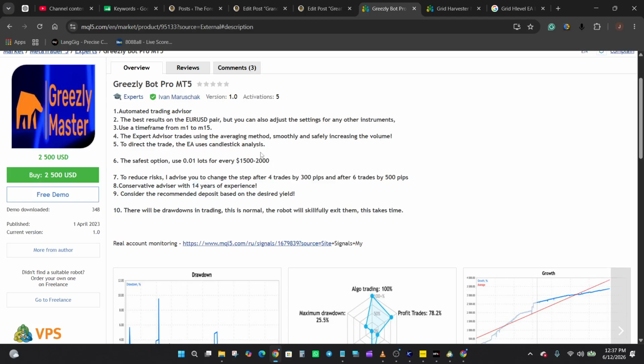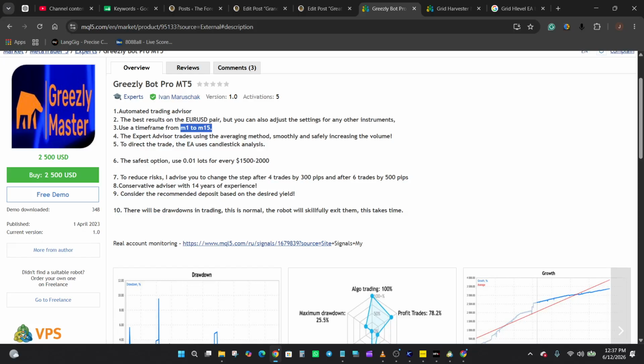Looking further, we can also see some important recommendations regarding the usage. The developer states that the best results are achieved on EURUSD, although the settings can be adjusted for other instruments as well. The recommended time frame range is from M1 to M15, which gives traders some flexibility depending on their preferred setup.